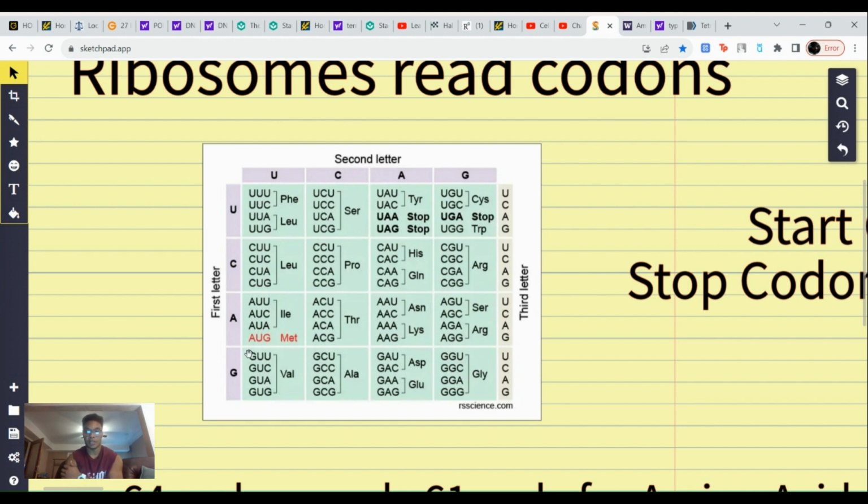There's a total of 64 codons, but only 61 of them actually code for amino acids. We have phenylalanine here. It shows you the first letter, the U, the uracil, and the uracil makes phenylalanine. The third nucleotide does not matter as much.